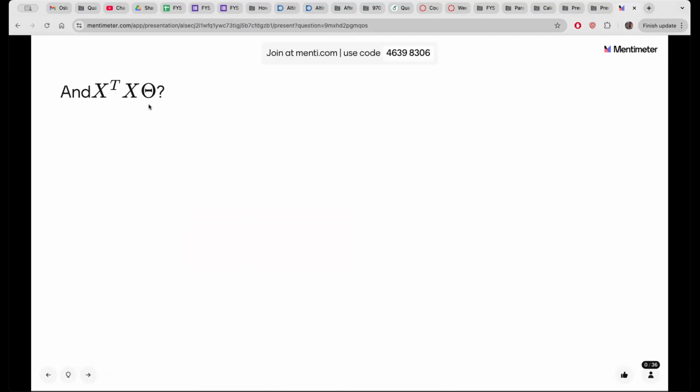Remember that X transpose, as we wrote in the slides, has dimension p times n, and the vector theta has length p. Any good suggestion for how many floating point operations? Yeah, exactly, 2p times n. Excellent. That's the answer.